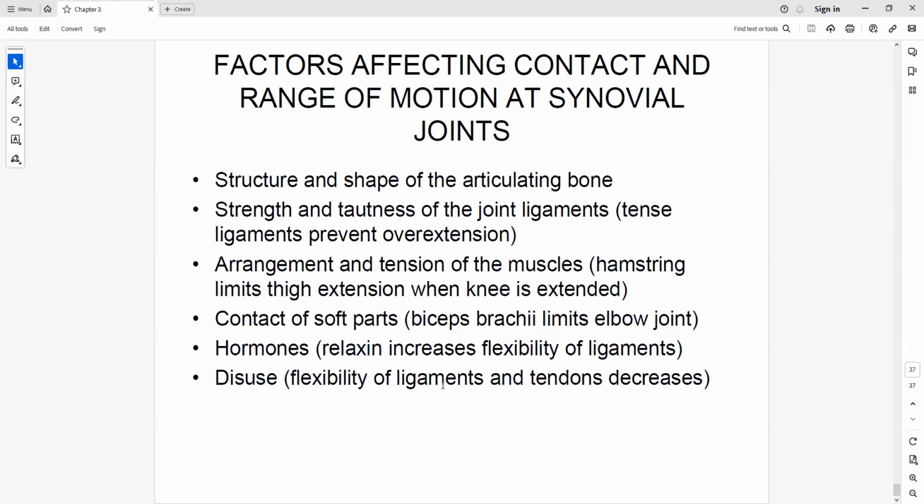The ligaments and tendons become less flexible, and so lack of use of a joint with the muscles and tendons around it will also contribute to this decreased range of motion. So once this person recovers from a particular injury, ready to come out of the wheelchair, again, physical therapy is tremendously useful to return the range of motion to the expected homeostatic range.